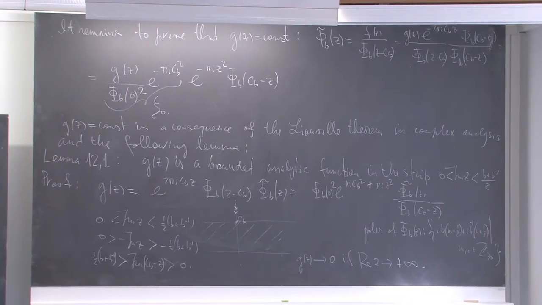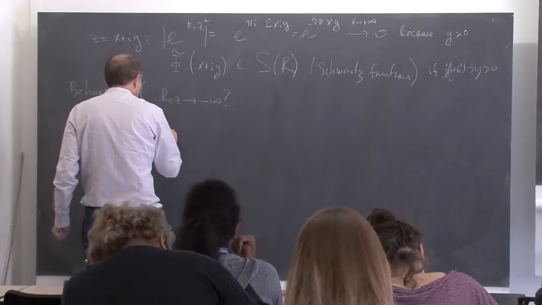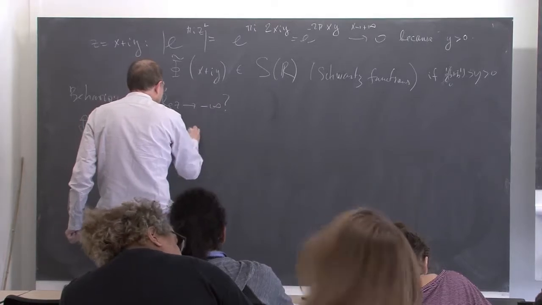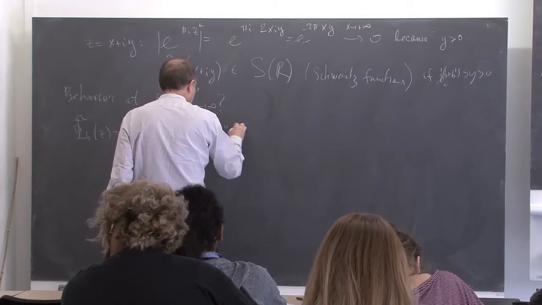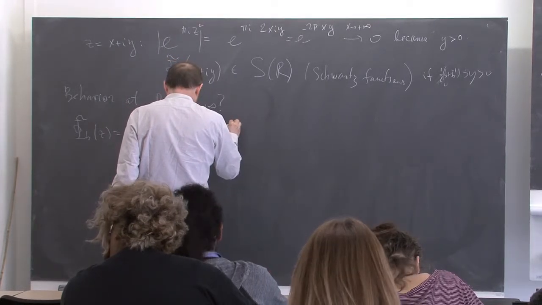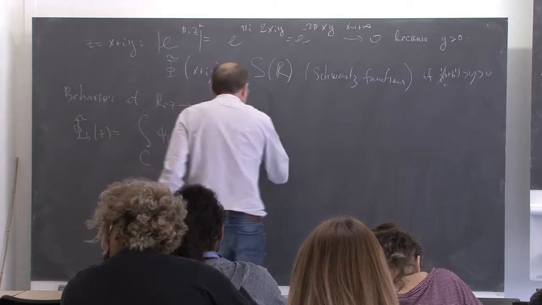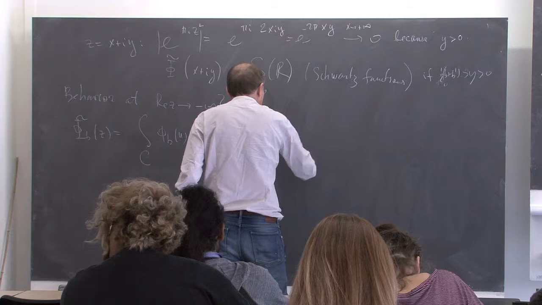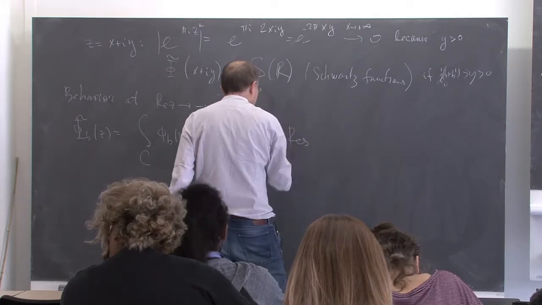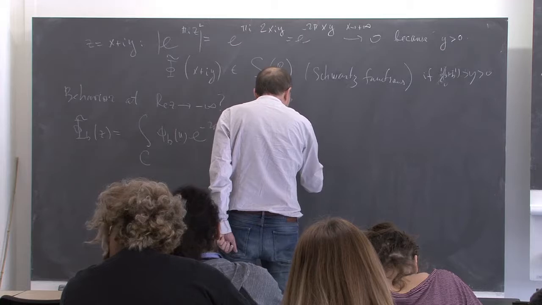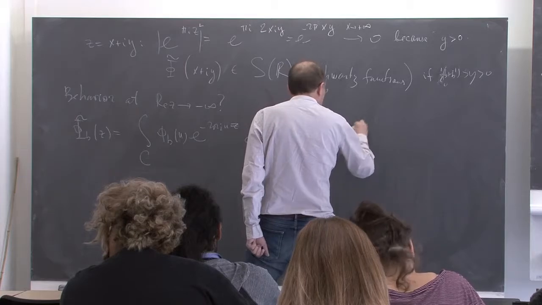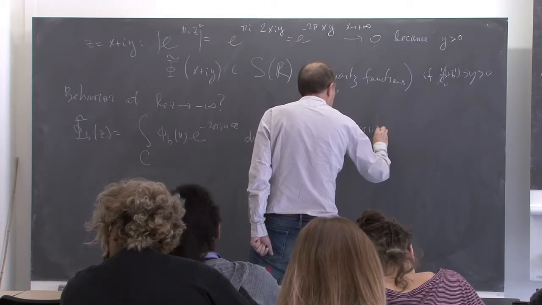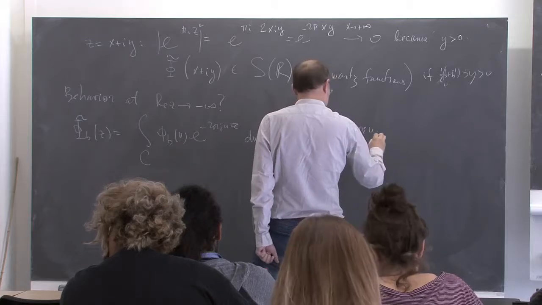We write phi tilde b of z as the integral over a contour C of phi b of u e to the minus 2 pi i u z du, plus 2 pi i times the residue at u equal c b of the integrand.